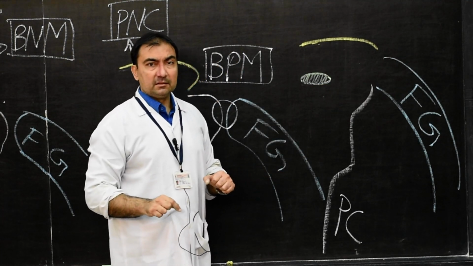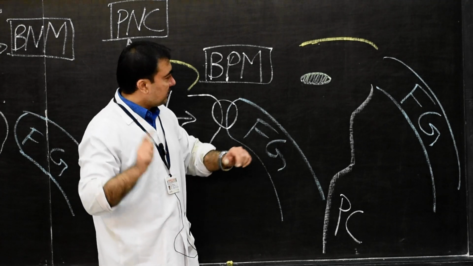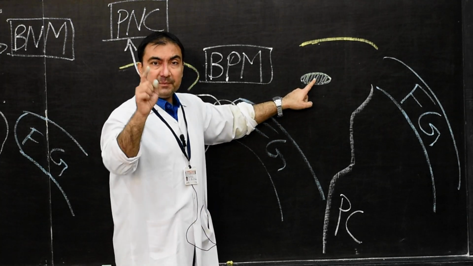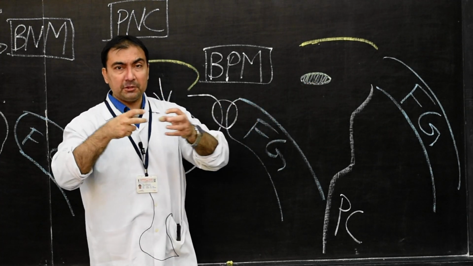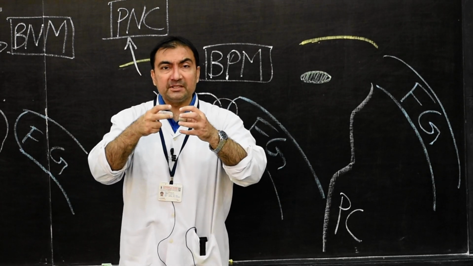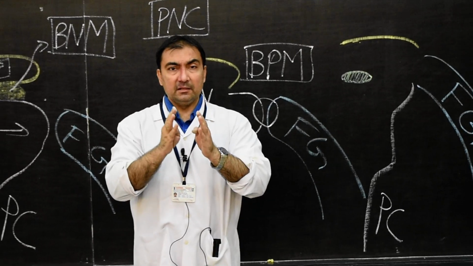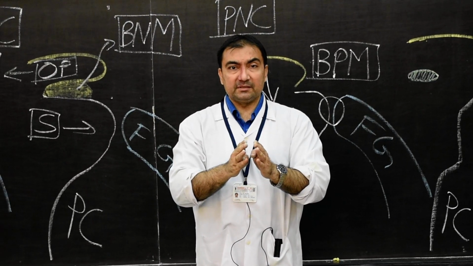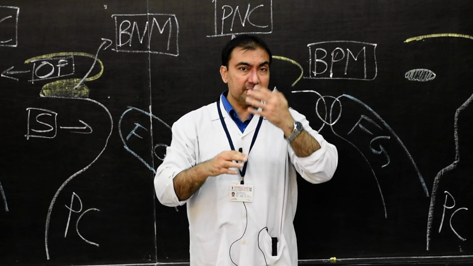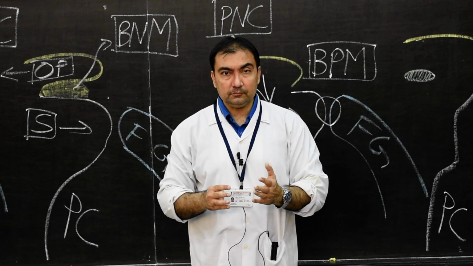At this stage, there will be development of the primitive palate by the fusion of the two globular swellings of the lower end of the median nasal process. Median nasal process, if you recollect, during development of the face.